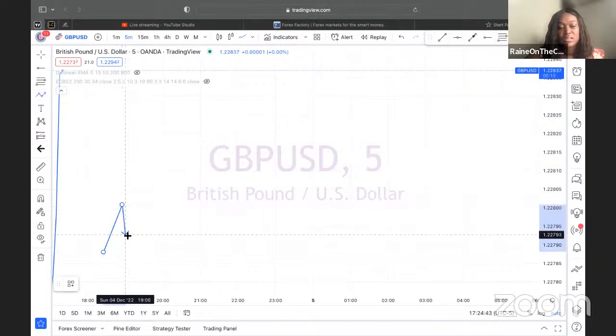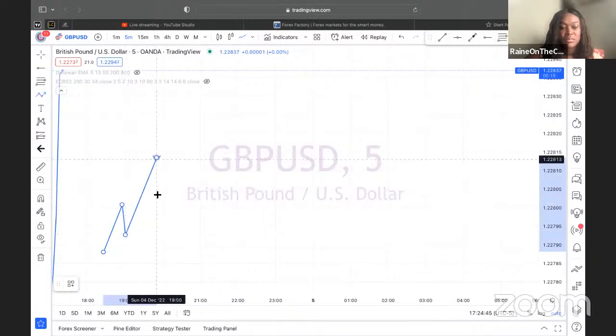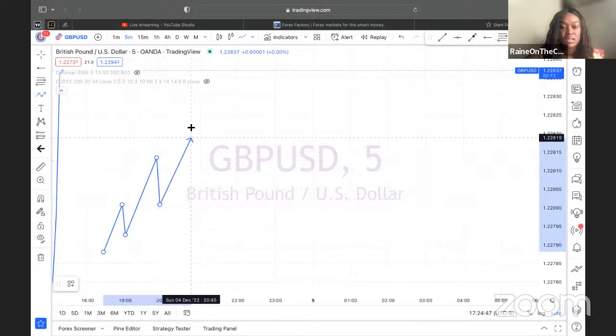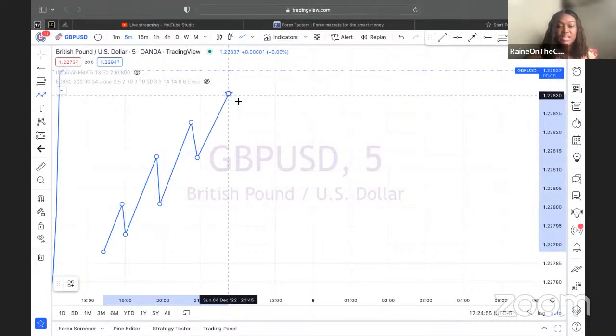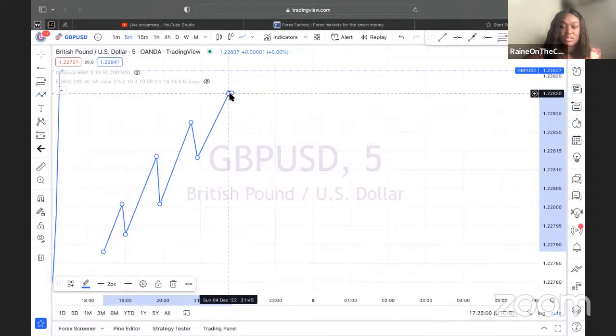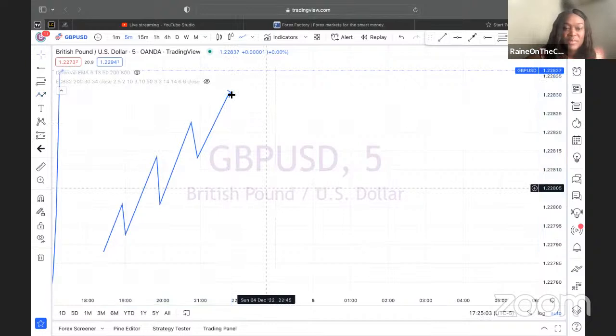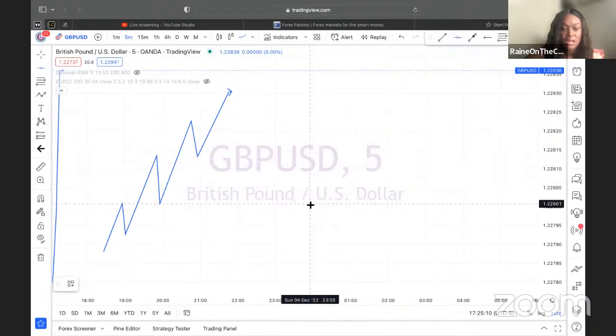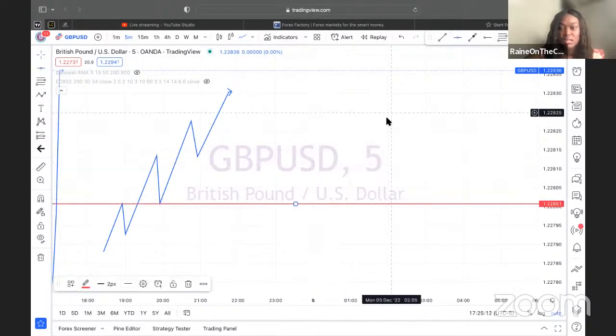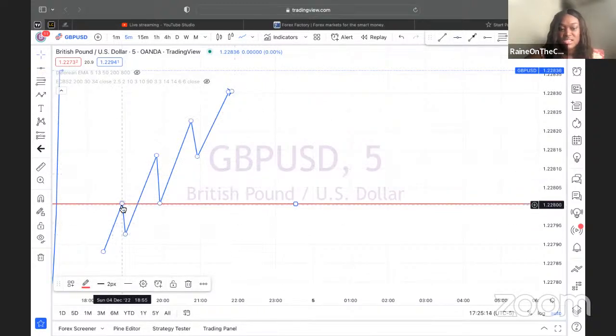Down, down, up. Right? It looks more like that. Okay. So we're going to apply the same lines. That's resistance or the ceiling that it came up to.